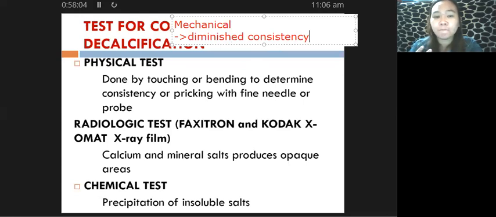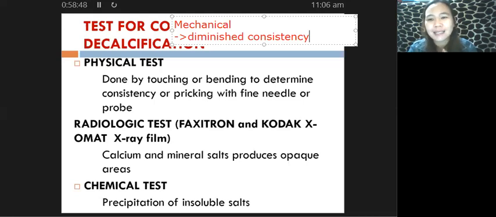This can be seen if, for example, your tissue specimen has become softer, more flexible, so you can bend it already. When you touch it, it has become softer. So that means complete decalcification is achieved. It's a very simple test that we can perform in the laboratory. Again, the basis would be diminished consistency: the sample has become softer and flexible.